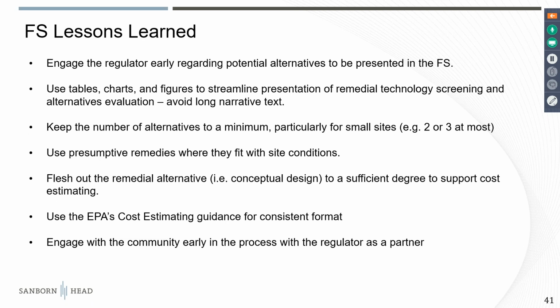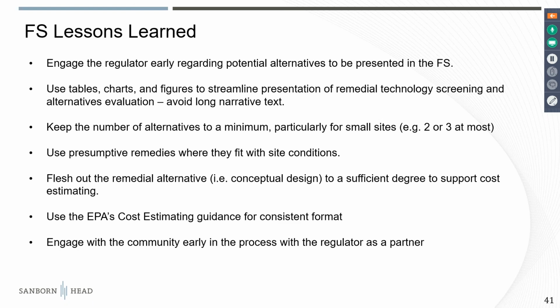So my last slide here is just some general lessons learned, having gone through the FS process under a number of different programs, including the Superfund program. Where you can, if you're in a state where you can get the regulator involved early in the process, that can be very helpful to having them part of the team. FSs can become long-winded documents, but they can be streamlined quite effectively by using tables, charts, and figures to present your information.